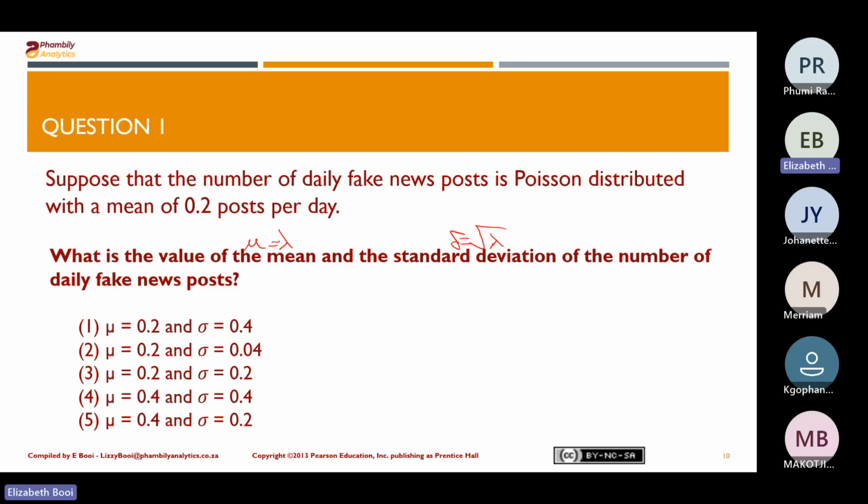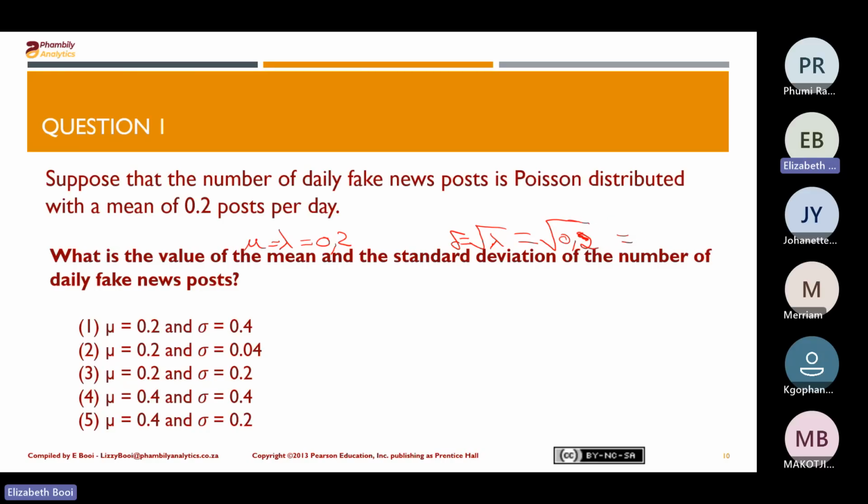So let's do the calculations and you tell me which one is which. What is the value of our mean? 0.2. And if the value of the mean is 0.2, therefore we're going to find the square root of 0.2.